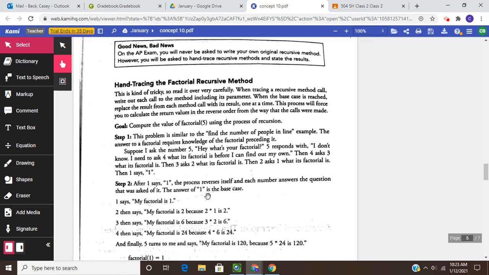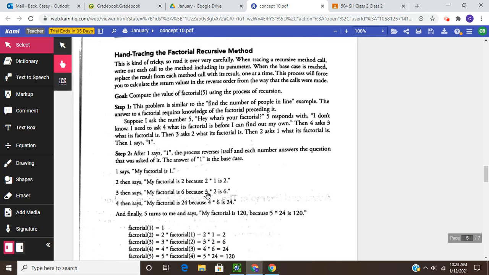When the base case is reached, replace each method call with its result one at a time. This process will force you to calculate the return values in the reverse order from the way the calls were made. So remember, our goal in this problem is to compute the value of factorial 5 using the process of recursion.